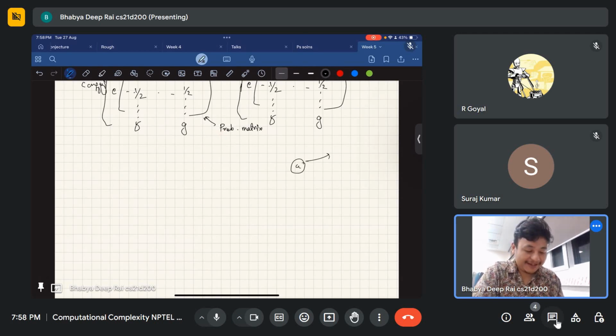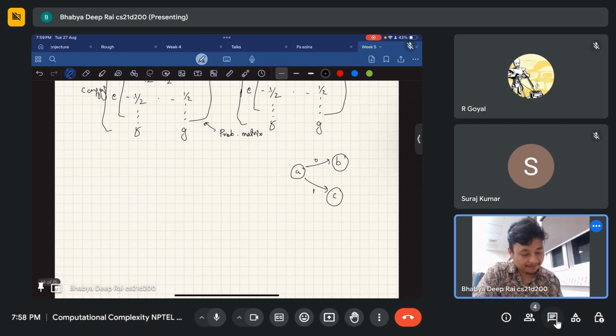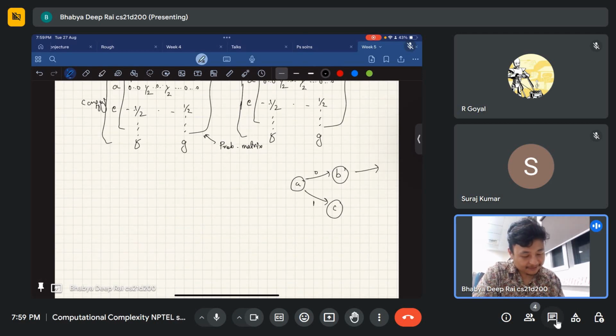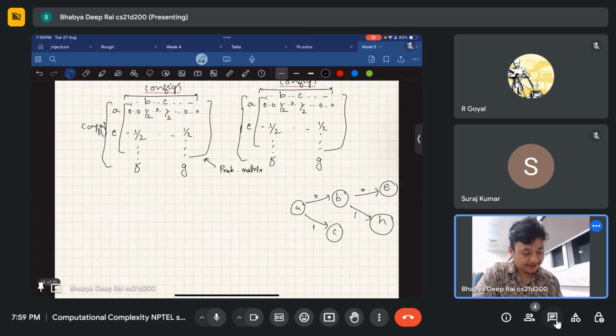From A it went to B and C with coin tosses, and from B and C, let's say it goes to D and H. Including E and H is just complicating stuff, so E, F, G is not there.